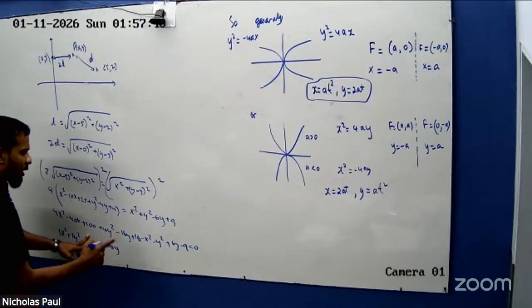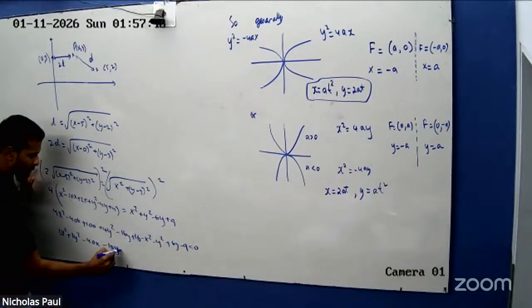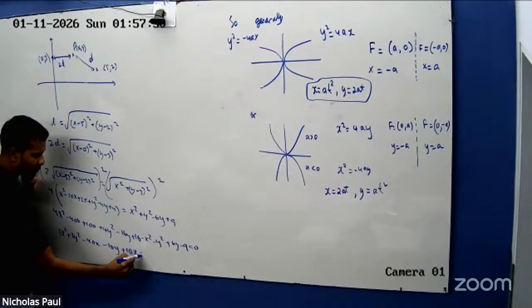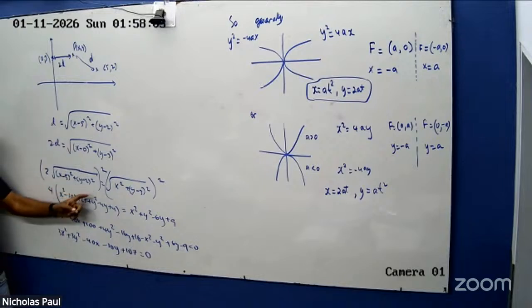What number did you all get? 116 minus 9. Anybody got 107? So I square both sides and multiply it out.